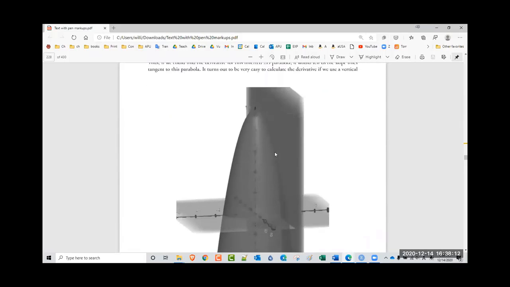Now, if I take this paraboloid and cut it with a vertical plane, what kind of object am I going to get? What's the intersection of a paraboloid, like this paraboloid here, and this vertical plane here?